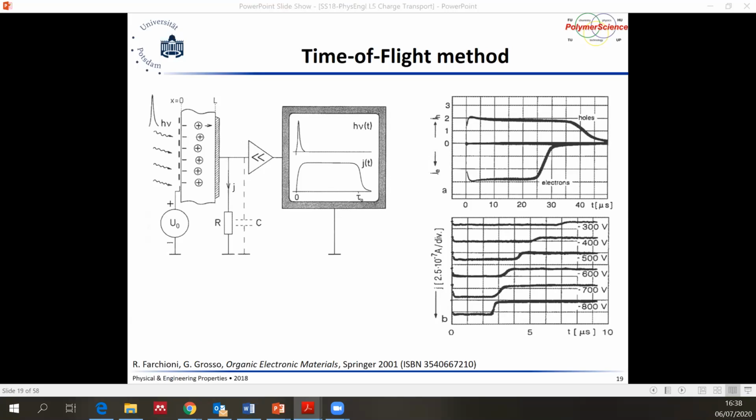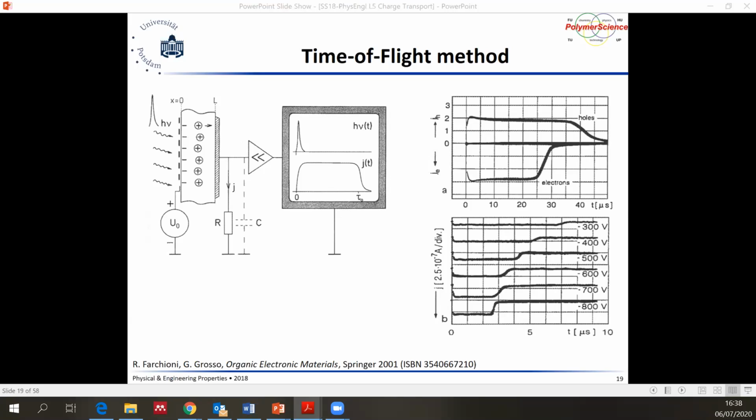So far we have a laser, an apparatus that allows us to apply a particular voltage, and an oscilloscope. Using the oscilloscope, we see how the photocurrent is changing. One thing we can monitor is the transit time for the package of charges to go through the sample.